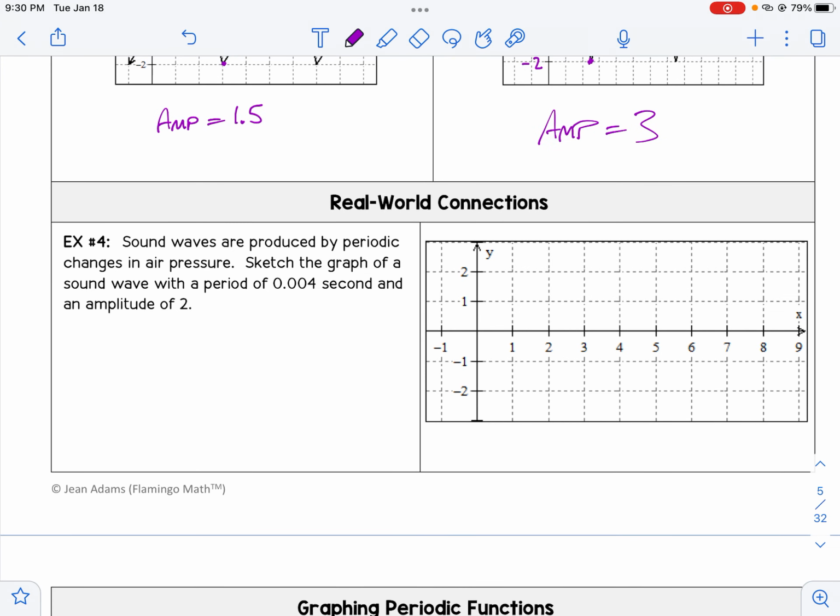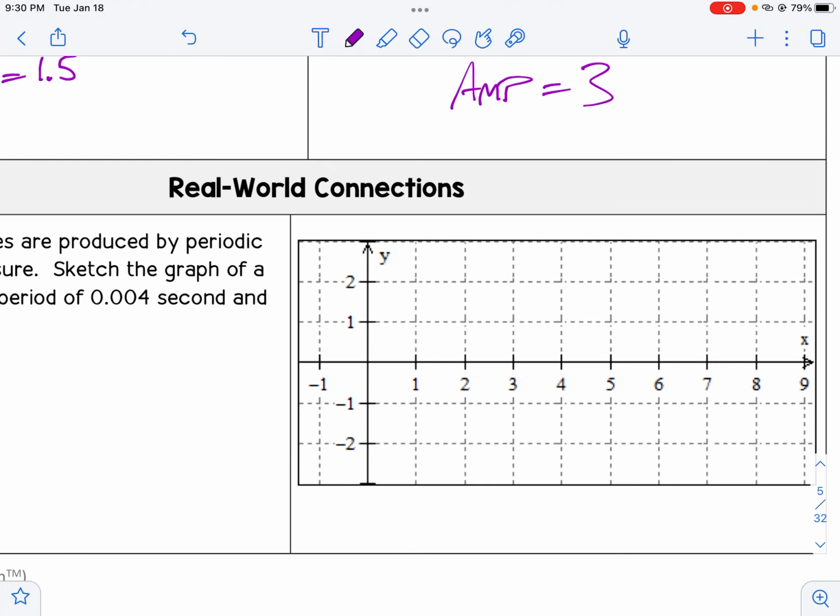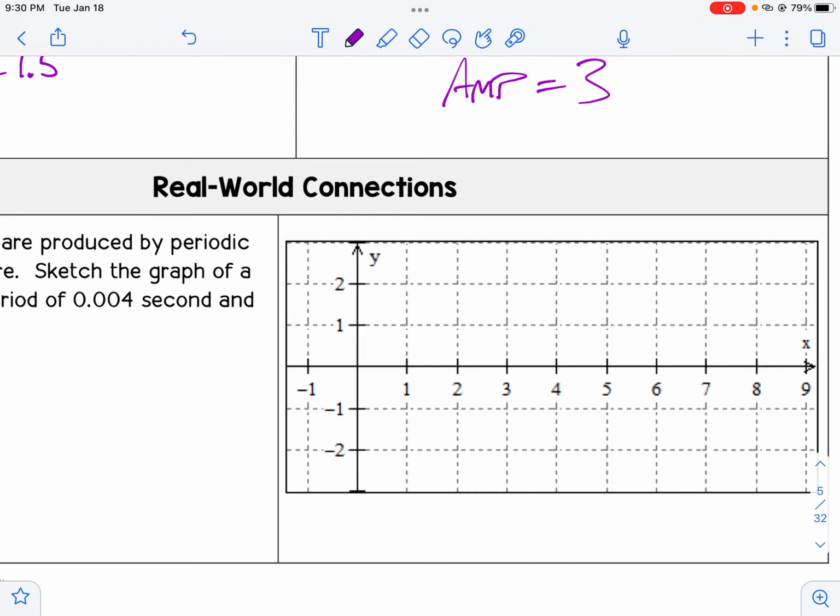Just a sketch of a graph like this. Sound waves are produced by periodic changes in air pressure. Sketch the graph of a sound wave with a period of 0.0004 seconds and an amplitude of 2. So that means the distance from my midline to my max and so forth is going to be 2.